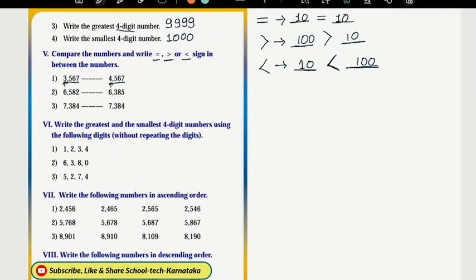So at thousands place, in this we have 3 and here we have 4. As you already know, 4 is greater than 3, that is 4,000 is greater than 3,000. So we write this, or we can say 3,000 is smaller than 4,000. So we can write it as this.